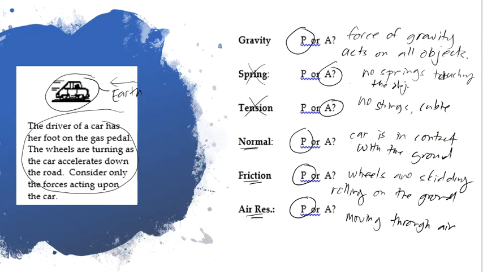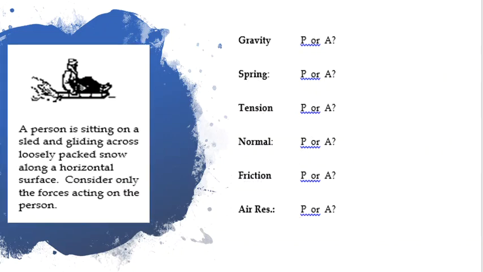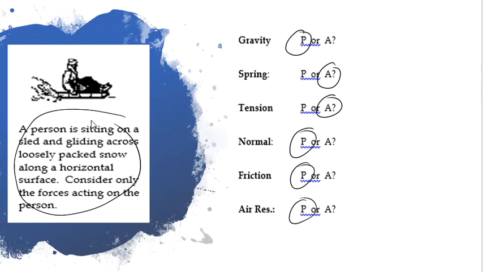So let's have another one. So pause your video and look at all the types of forces that might be present or absent in this case. So this is pretty much the same as the first example, because it looks like it's just a different object, but the situation is technically almost the same.